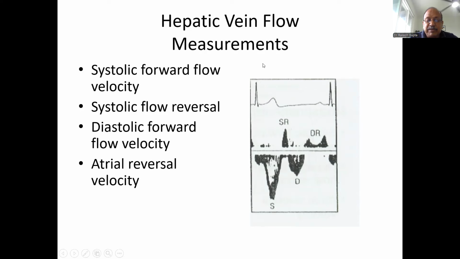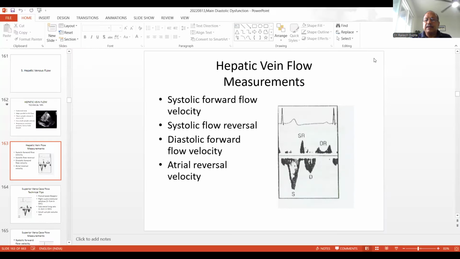So blood, instead of coming from hepatic vein to IVC, will have either truncation or reduced or reversal of flow. Okay. So we will be learning this in another chapter. Hepatic vein, we'll see again during constrictive pericarditis.